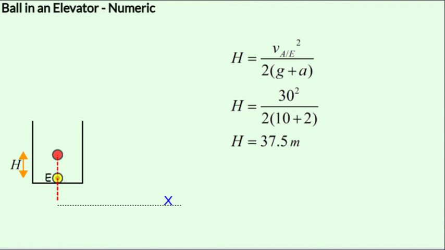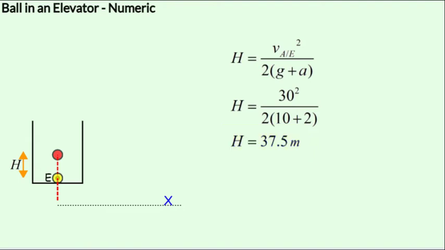V_A/E is the initial velocity of the ball, which is 30 meters per second with respect to the elevator and not from the ground frame of reference. The upward acceleration of the elevator is 2 meters per second squared, and we obtain the maximum displacement as 37.5 meters.